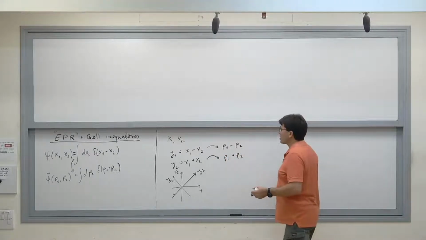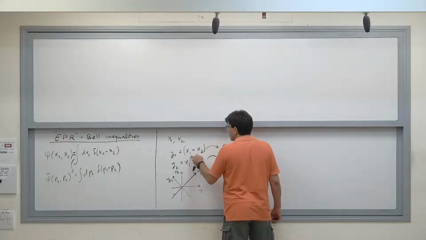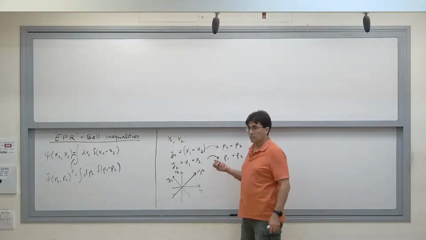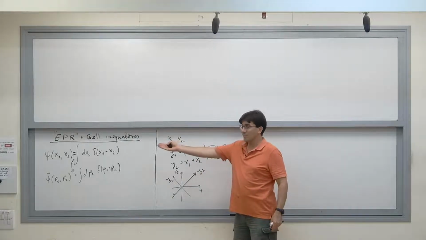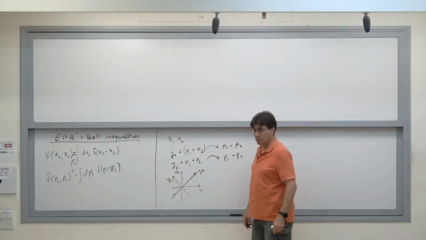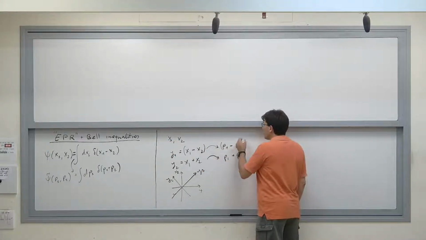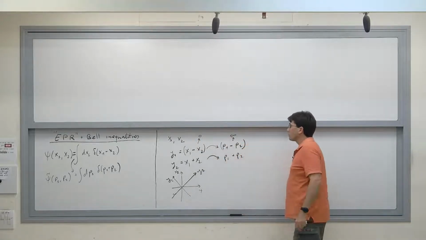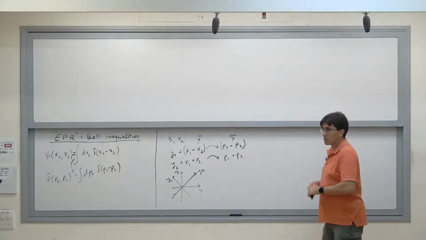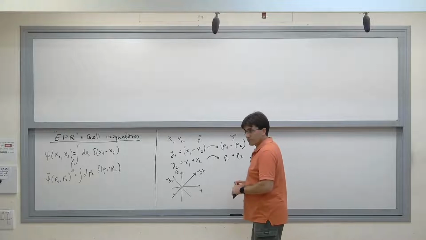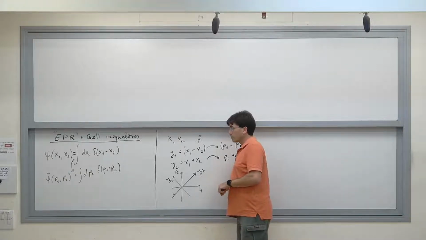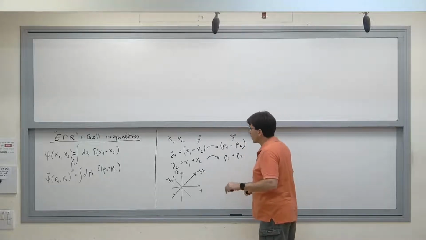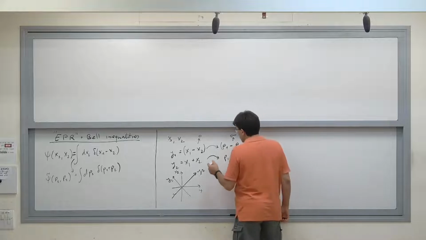Now, if this is a delta function, meaning if we know that x1 minus x2 is 0, which is what this state says, you know exactly the difference in position, then it means that p1 minus p2 must diverge, by the uncertainty principle.